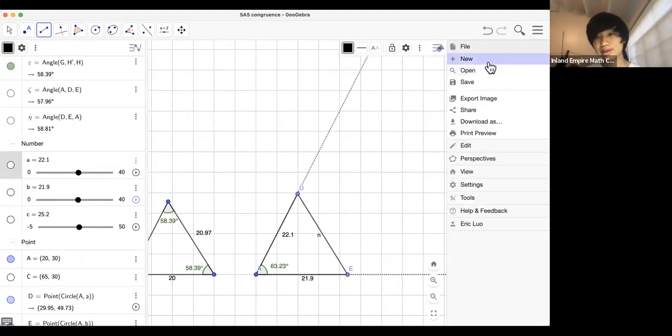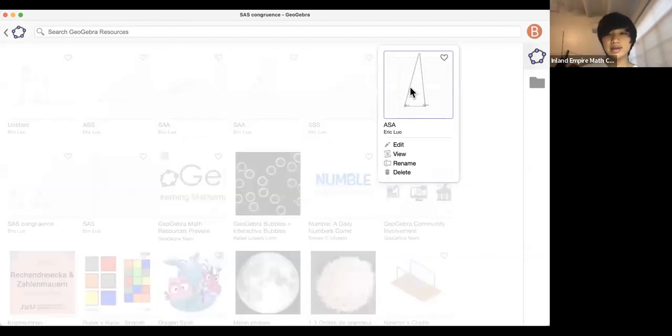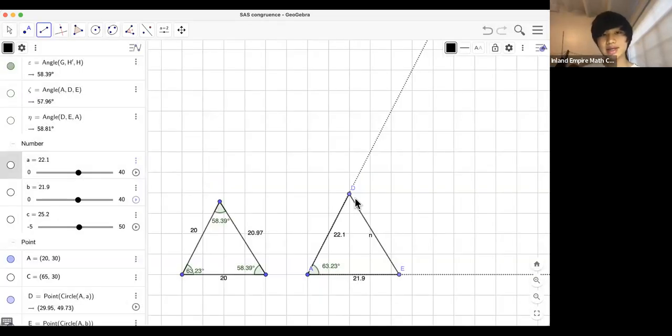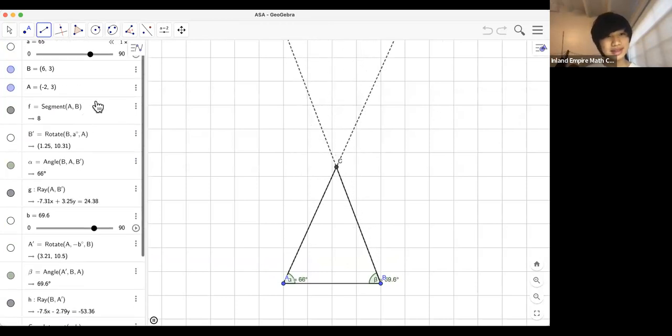So let's move on to a different kind of congruence. Let's talk a little bit about ASA congruence, which basically means angle, side, angle. Well, this is moving around a lot.